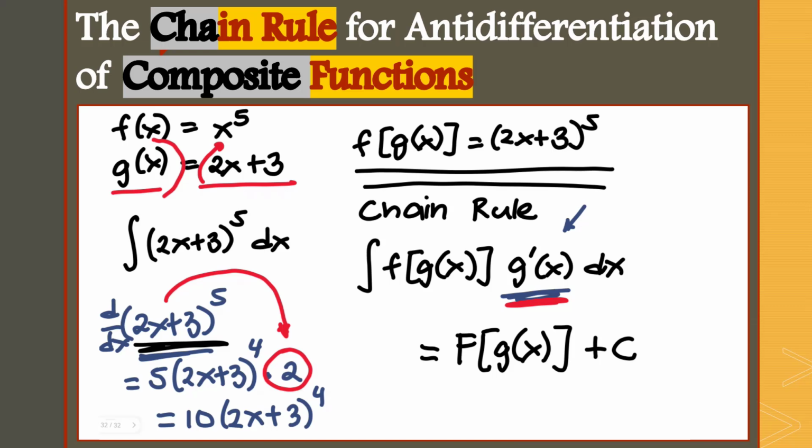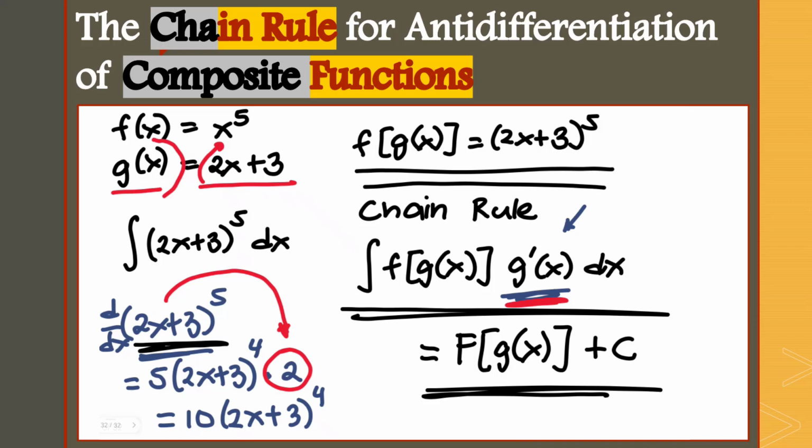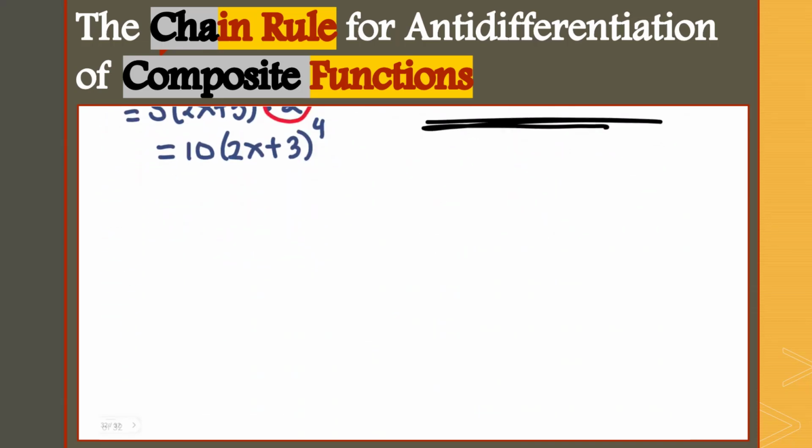Before we can get its antiderivative, which is this entire form, we need to identify the g prime of x, which is the derivative of whatever function you have here. Again, examples will be given later on. Before we end this, this is not just true for this type of composite functions. Take note, we also have these forms. Let's say square root of 2x plus 3.